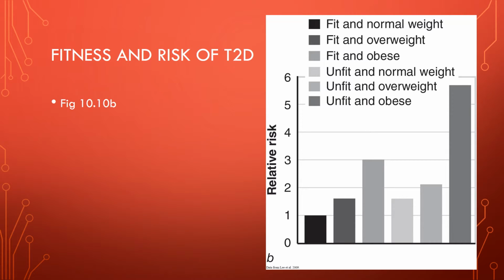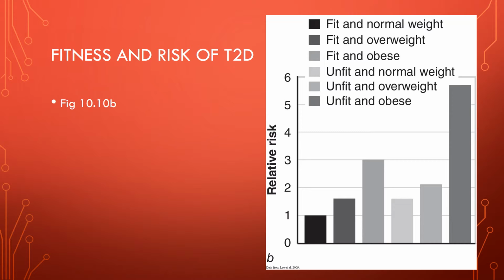And then if you look at fitness, physical fitness, not just activity, but fitness, you're looking at relative risk of type 2 diabetes on the y-axis. So what you see, the first 3 bars from the left-hand side are people who are fit, and the 3 bars on the right are people who are unfit.